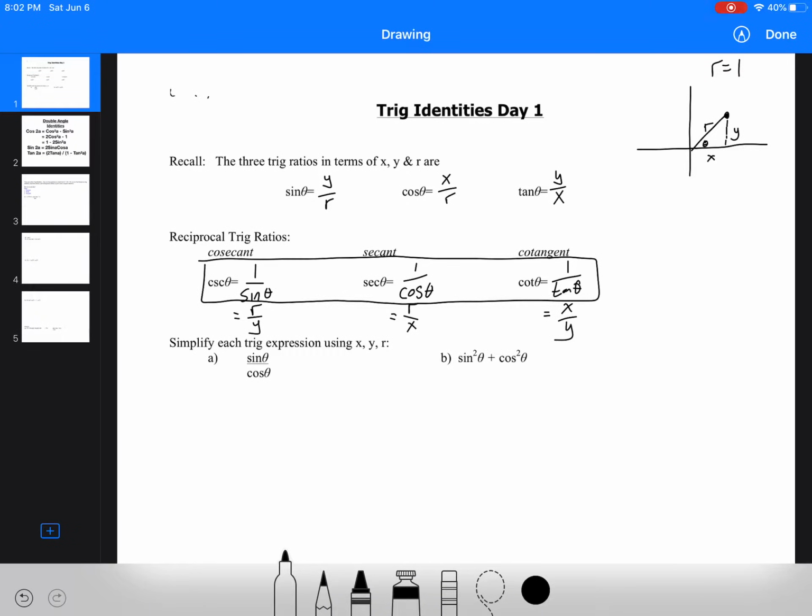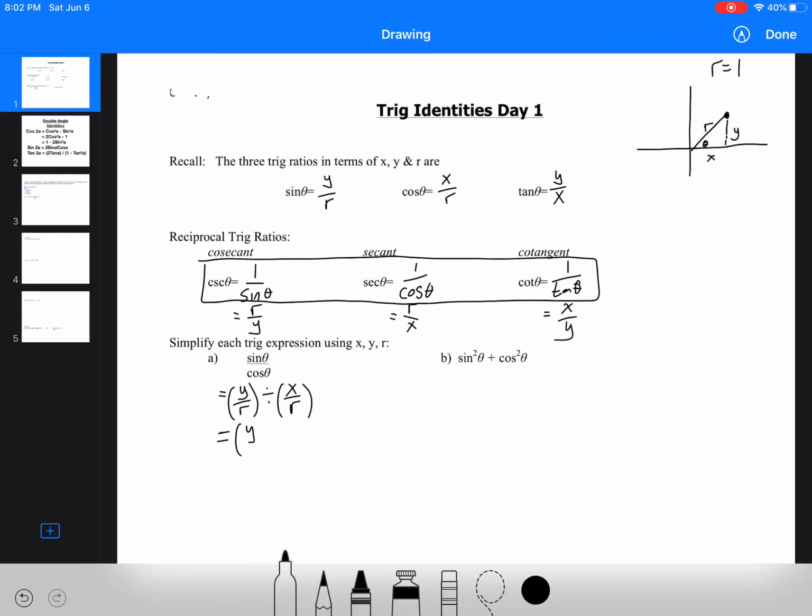Okay, the next thing that we're going to look at: sine over cos, in terms of x, y, and r, well, sine over cos is y over r, divided by x over r, because that's cos.